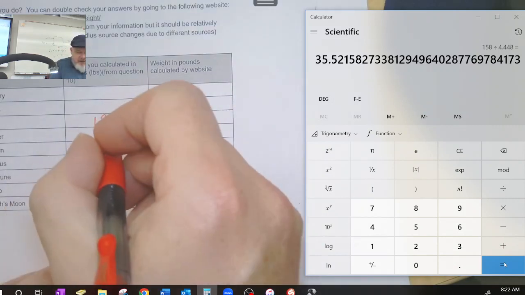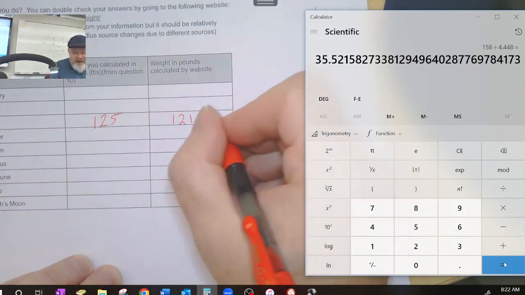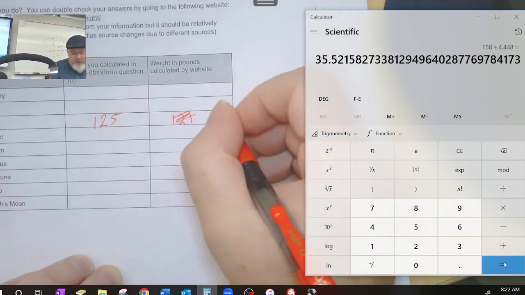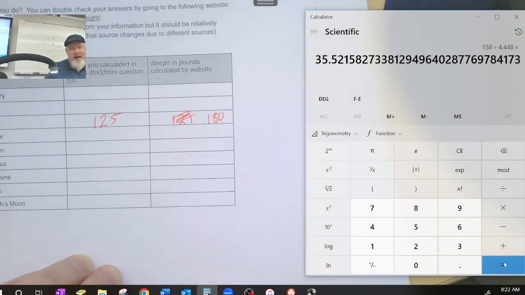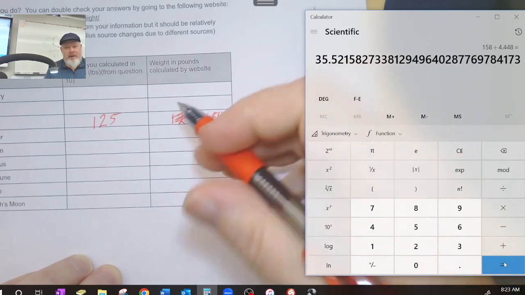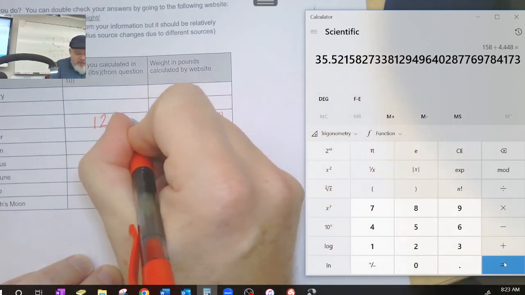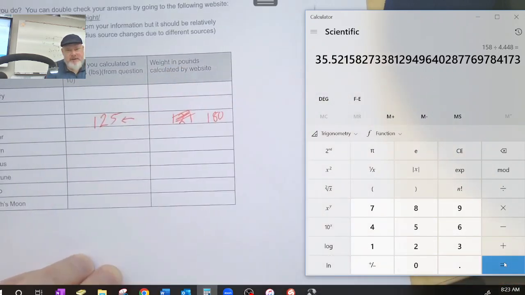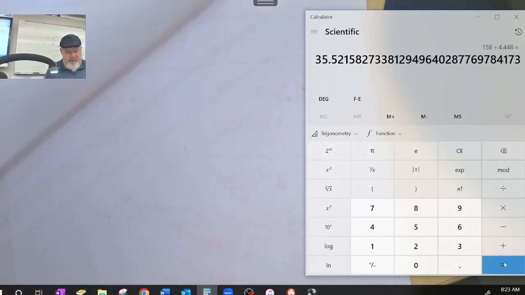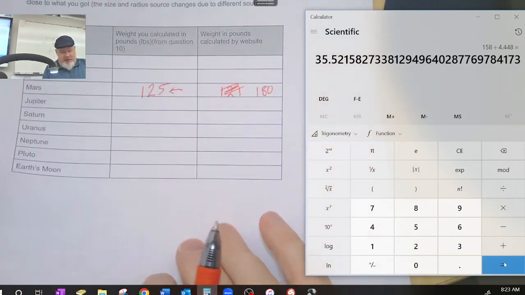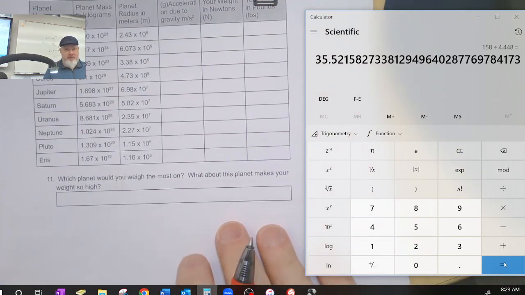But if you say on Mars that you're 125 pounds and it comes out to be 180 pounds on Mars, well, then you know you did something wrong, and you might want to go back and visit your answer to this question. Okay? And that's pretty much it. This is just right here to double check your answers to make sure you did things right.